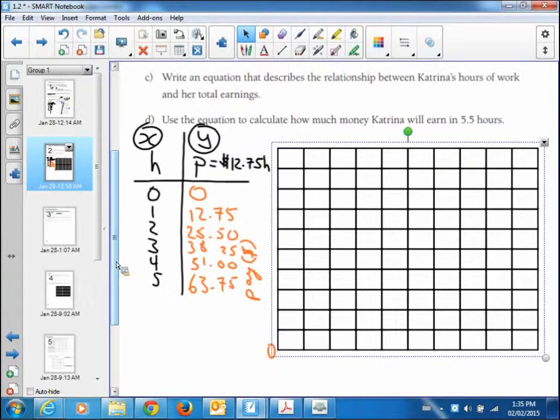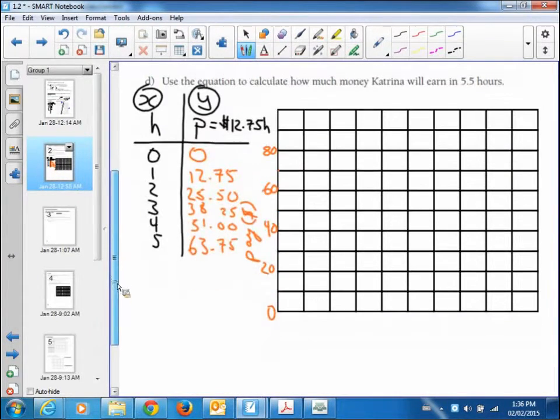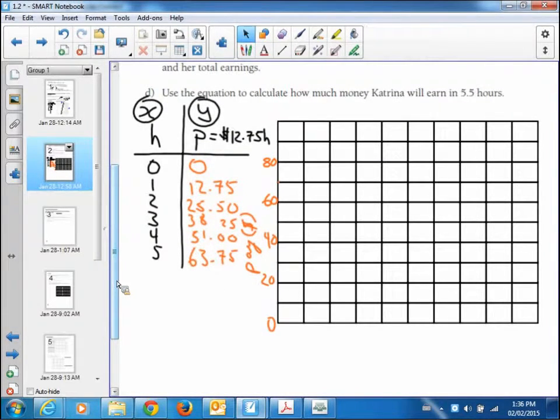Just going by 10, 20, 30? Is that what you'd think on the side? Sure. Okay. 0. So 10, 20, 30, 40, 50, 60, 70, 80, 90, 100. I don't need to go higher than that, though. I only marked every second square. I'm just going to graph this. And then on the bottom, we're going to have the time worked, right, in hours?